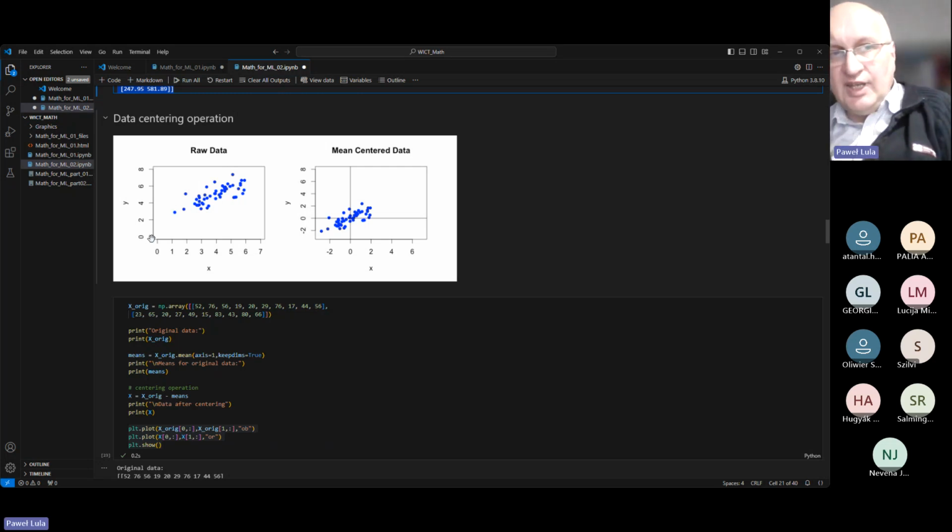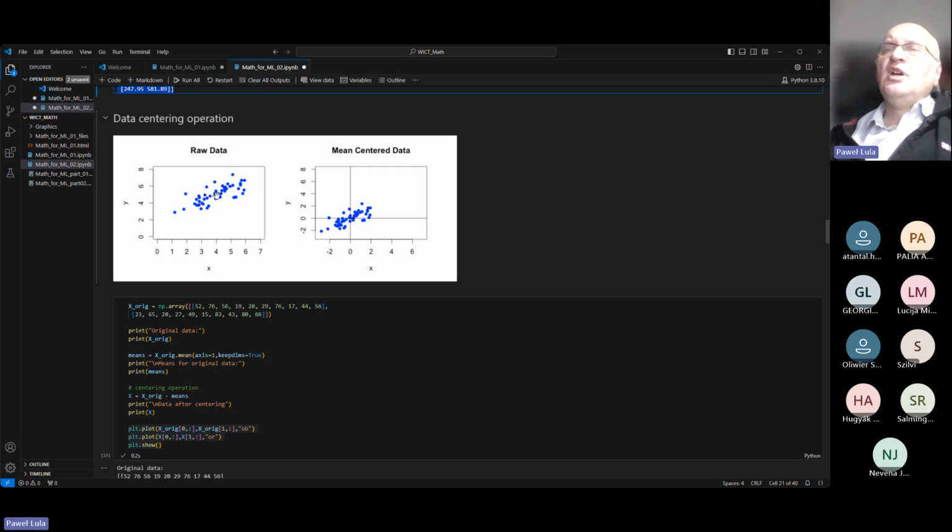We can also define this operation as moving our coordinate system, and the origin of our coordinate system we put at the point located in the middle of this data set. So this point 0, 0, we move into this place, 0, 0. And the result is here.